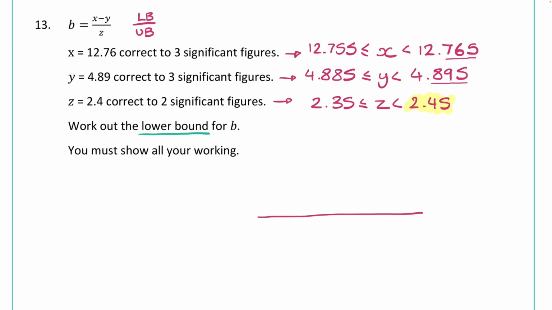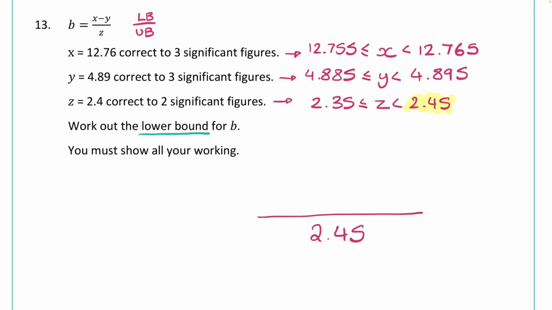So we definitely want 2.45 on the bottom. I now just need to think about how I create the smallest possible number on the numerator. So if we have a subtraction involved, to create the smallest possible number, I would want to have the smallest x take away the biggest y.